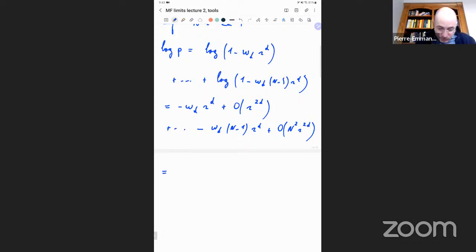And this is minus omega d n minus 1 n over 2 times rd plus a big O of n cubed r2d.